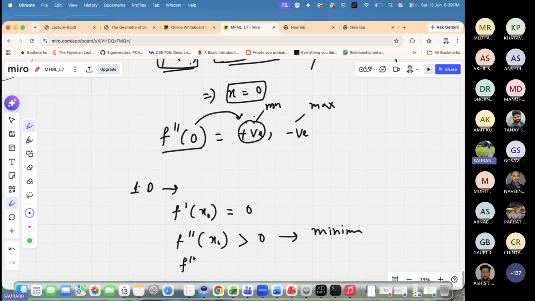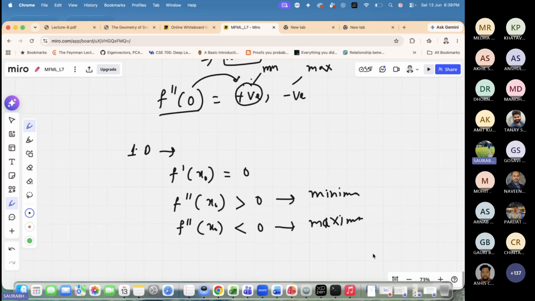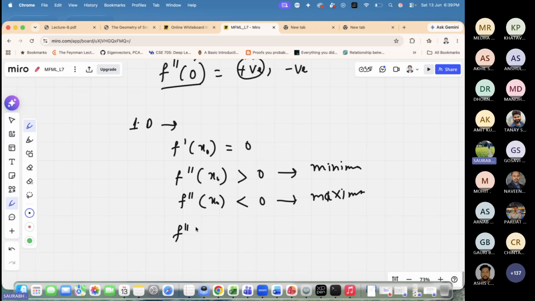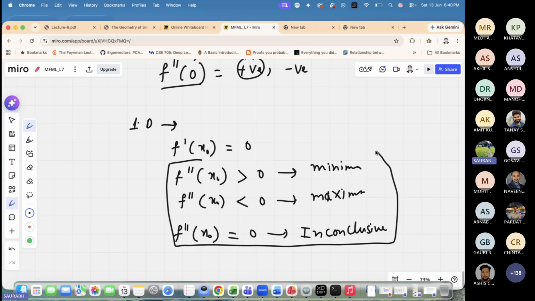And if f double dash x naught is less than 0, we say that it's a maxima. That is what we used to do, but there could be cases wherein f double dash x naught at that point where we found the slope was 0, it could be 0. Hence, we say that it's inconclusive. So these are the three different things that we found out.